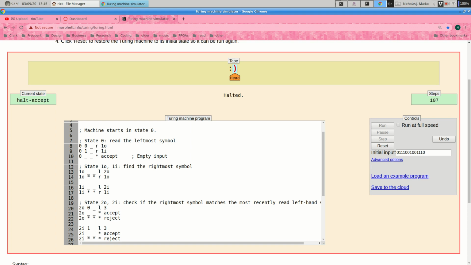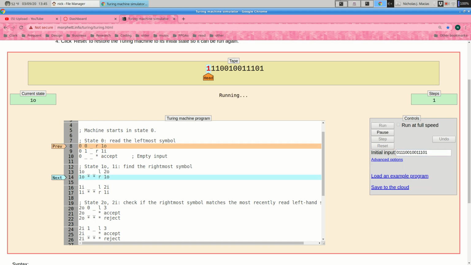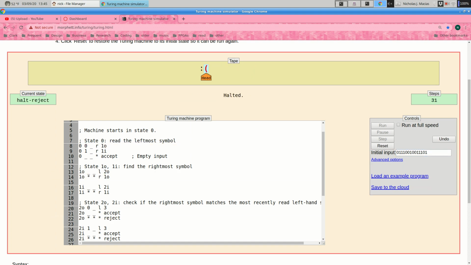And if it is, it gives you a happy face. I don't know what it does if it's not. Hopefully it doesn't burst in. Oh, that was pretty fast. How the heck would you do that with a Turing machine?